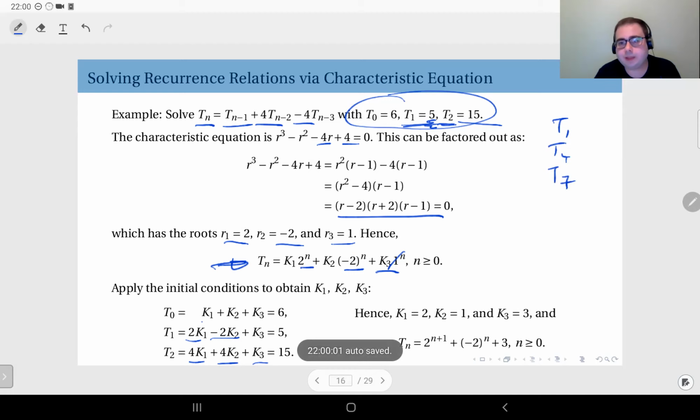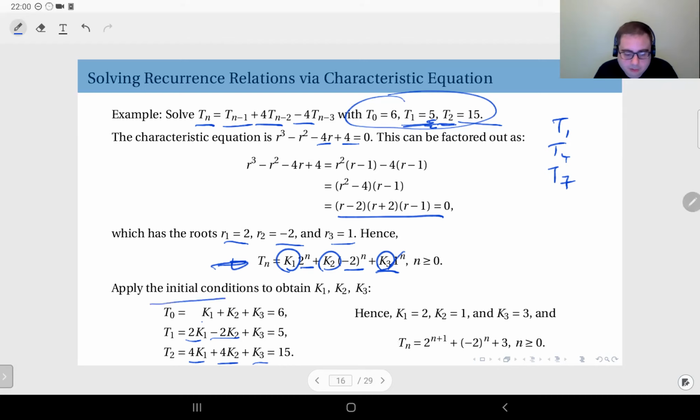You can still plug in n equals 1, n equals 4, n equals 7, and obtain 3 equations. Because you have 3 coefficients, you need 3 initial values. As long as you have 3, they don't have to be the very first 3. So T0, T1, T2, that is the usual case, but it doesn't have to be.